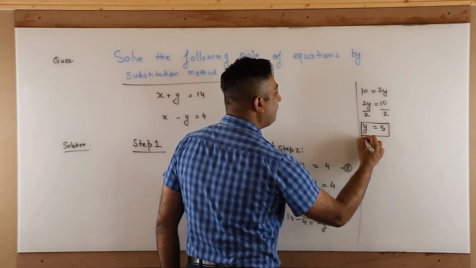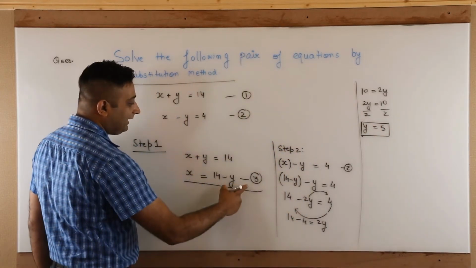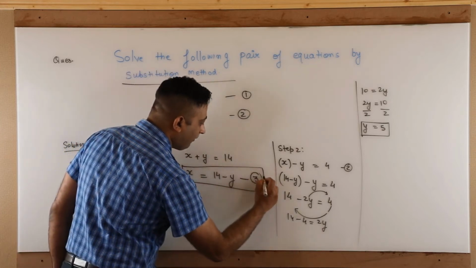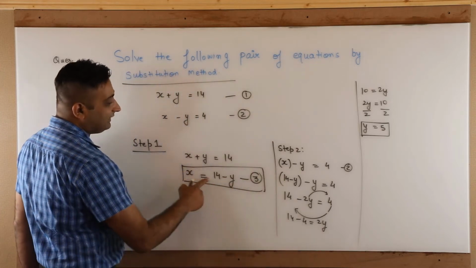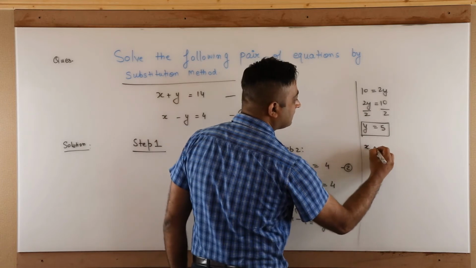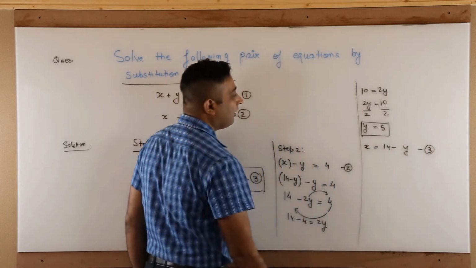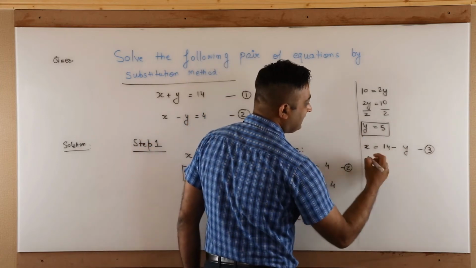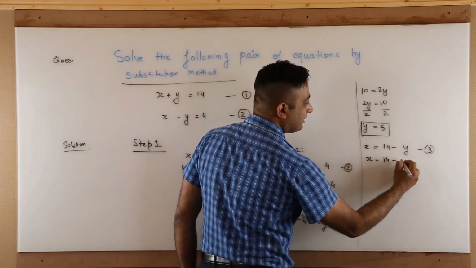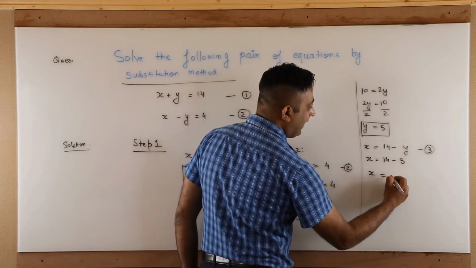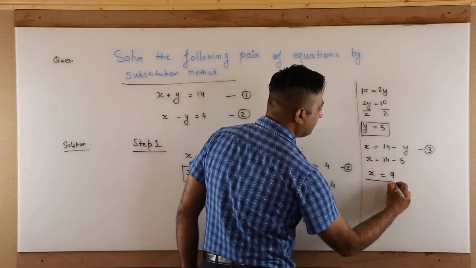So now we will put this value of y in equation number 3. We have already found that x is equal to 14 minus y. This was equation number 3. Now we put the value y is equal to 5 in equation number 3 to find the value of x. So x is equal to 9.